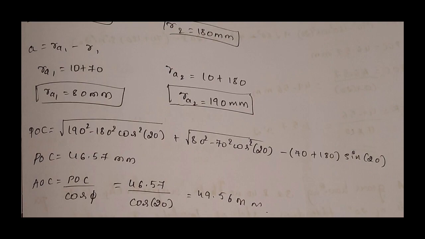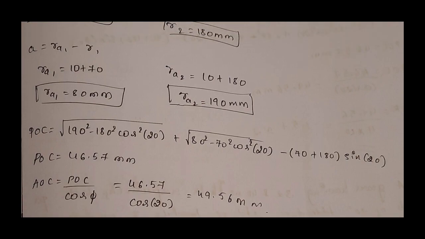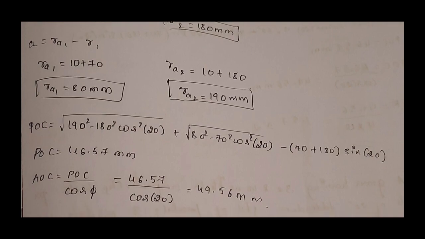It's not a difficult formula. So substituting the values, RA2 is equal to 190, RA1 is equal to 80, R1 is equal to 70, R2 is equal to 180. If you substitute the values, the path of contact is equal to 46.57 millimeter, for this particular problem.